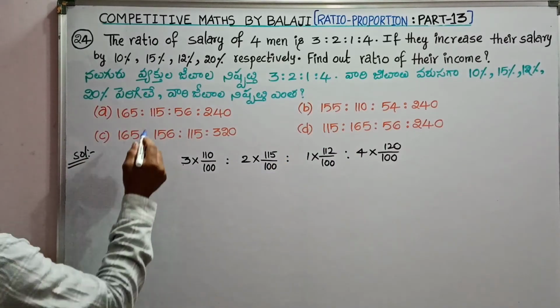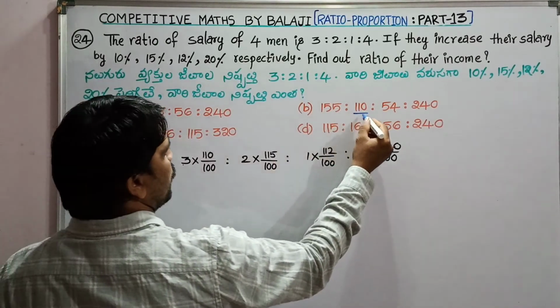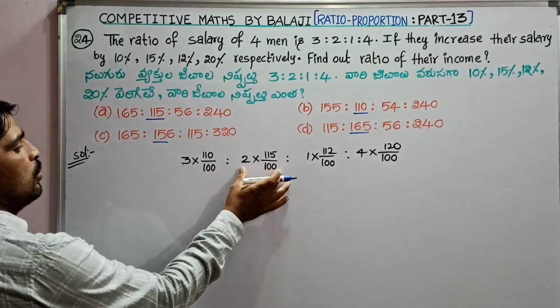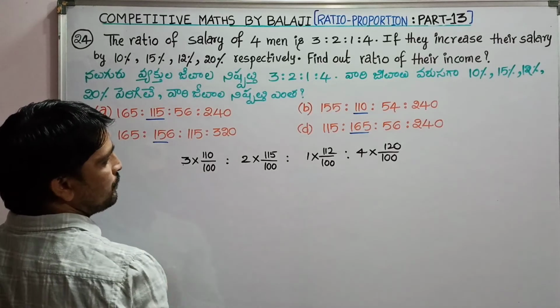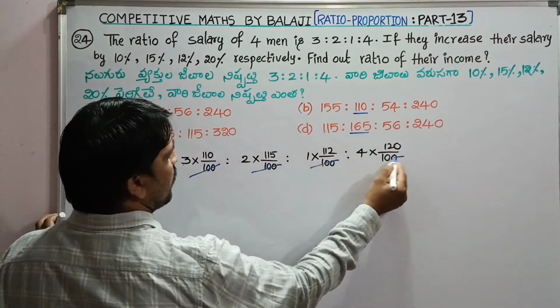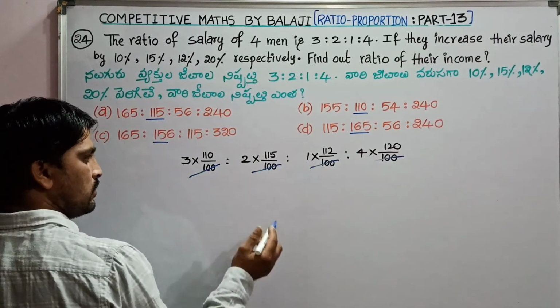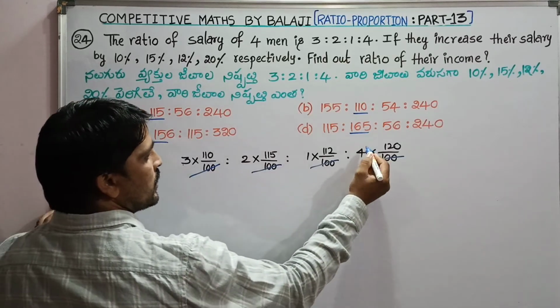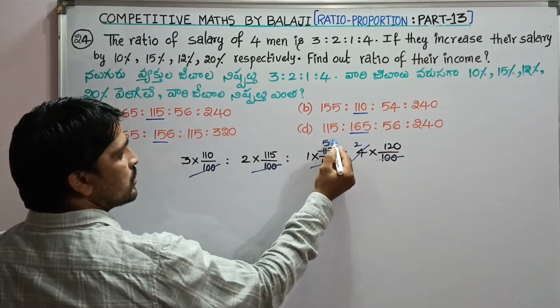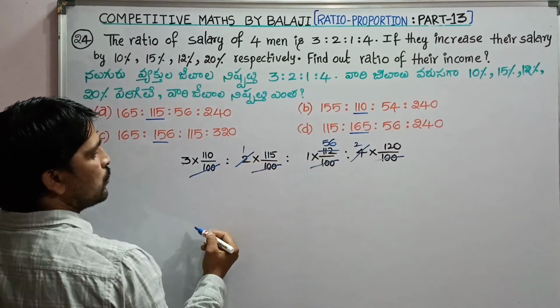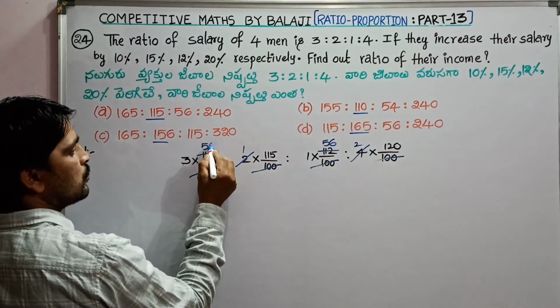See, observe this one. The second terms in the 4 options are different. So first of all, we have to simplify the second term to choose the answer. Right. 100, 100, 100 all get cancelled. Then 2 times, 2 2s are 2, 5s are 10, 2 6s are 12, 2 1s are 2, 2 5s are 10, 2 5s are 10.